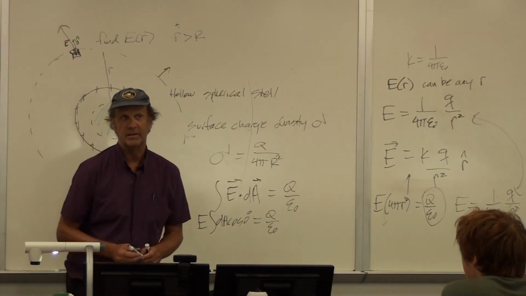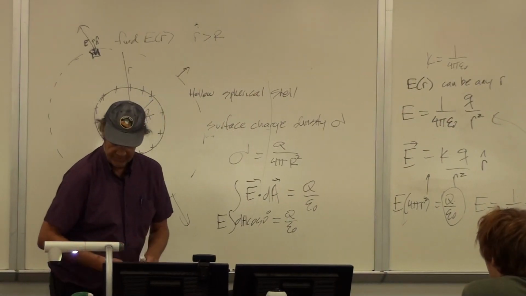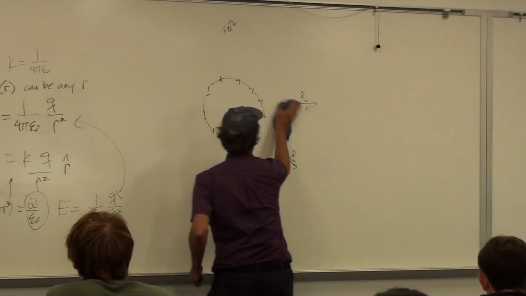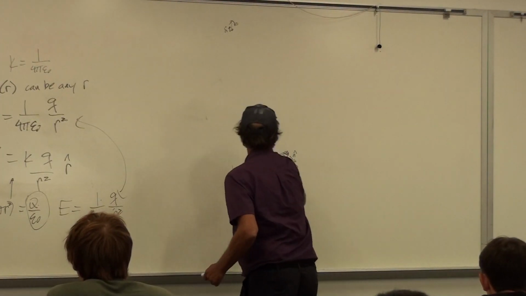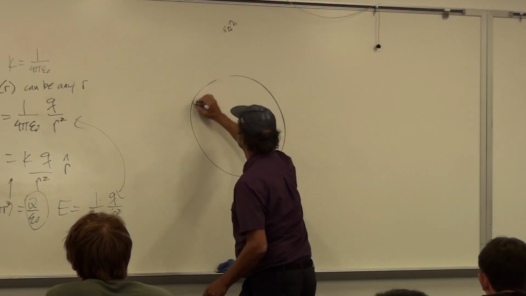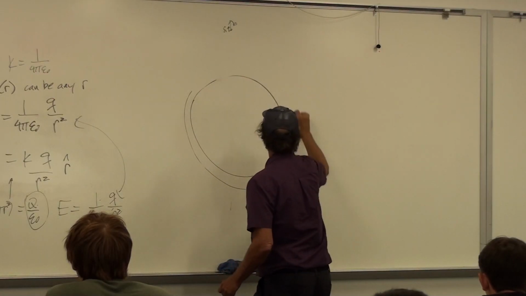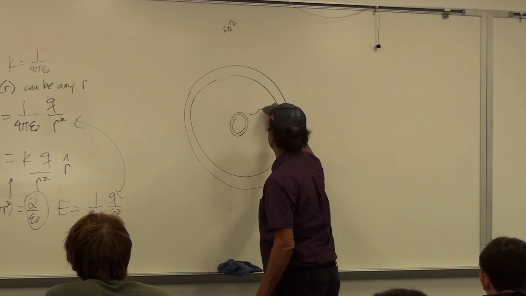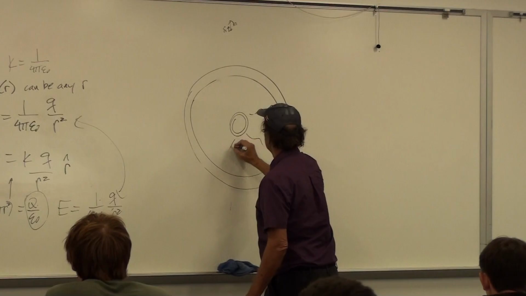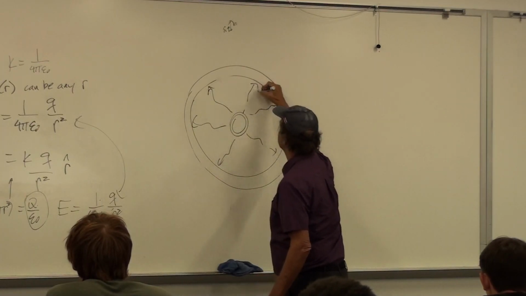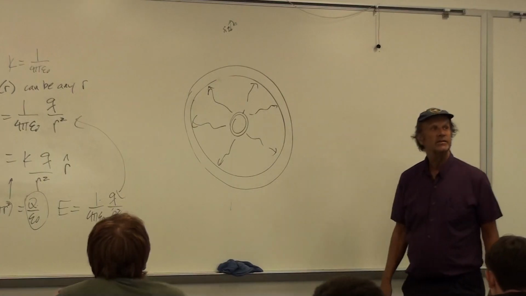There was actually a Star Trek episode, if any of you were into that, that did this once, where they had not a charge, but a mass shell. And so the idea is if you had a dying star, you could put this shell around the star, and you could catch all of the energy and save all of the energy.